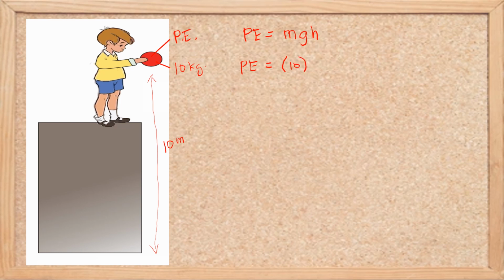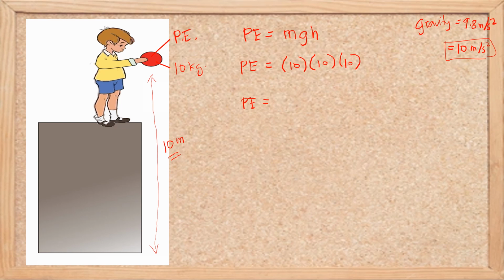Okay, very good. So the value of gravity is constant. So that is 9.8 meters per second squared, right? But for convenience, we will just use 10 meters per second squared for easy computation. So multiply it by 10. And then the height of the ball is 10 meters. So the potential energy is simply 10 times 10 times 10.